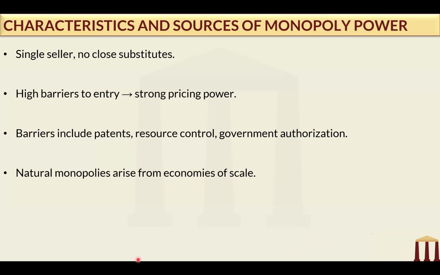It's not only about cost. If any other firm had to duplicate all the infrastructure of, say, this grid system or sewage networks, of course it is costly, but it is also inefficient.